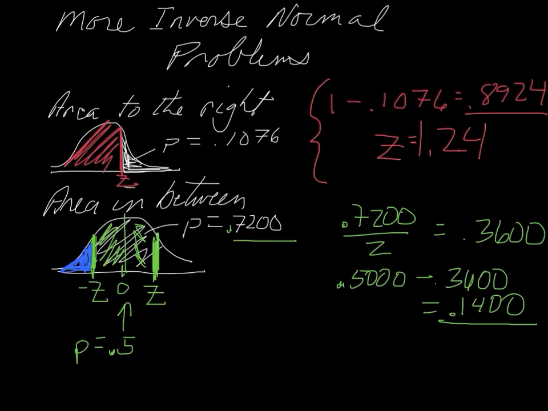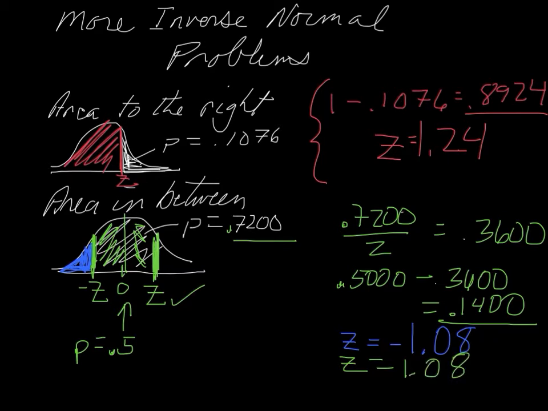So if I go look up 0.1400 as my probability, I'm on the negative z-scores. My closest one is 0.1401, so I'll use that. And it gives me a z equal to negative 1.08. All right? Therefore, the other z has to be equal to 1.08.